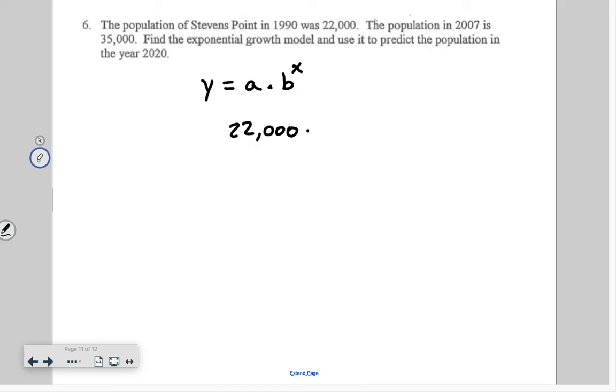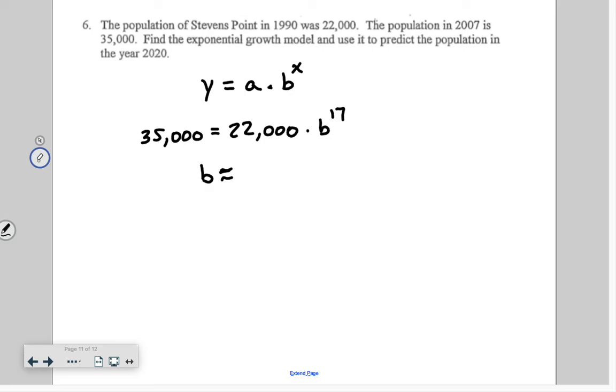And again, here's that extra information that you're given. You're given X, you're given Y, so that you can find the multiplier. You've got 35,000 is kind of your ending population, so many years later. And how many years later? 17. Yeah, so B is raised to the 17th power. So, divide out the 22,000, and then what power will you raise that to?